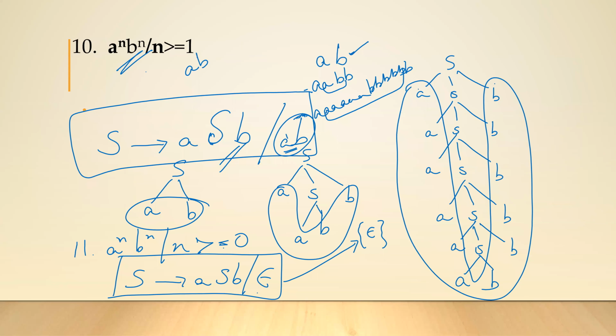A raised to N, B raised to M, N is greater than or equal to 1. So you should be remembering this. What is A raised to N? Earlier the question was A raised to N, B raised to N. Both were the same. Now N, M greater than or equal to 1, so N is different, M is different.